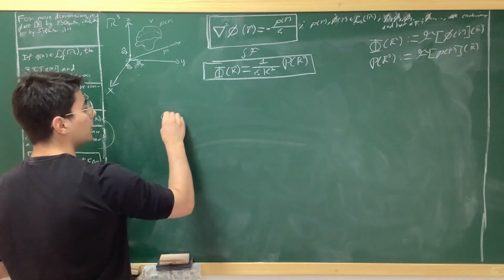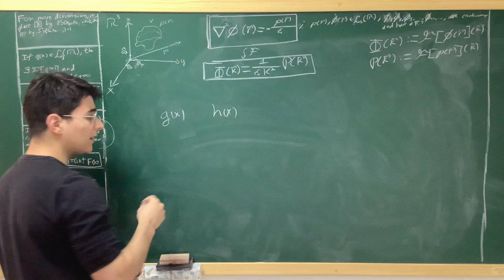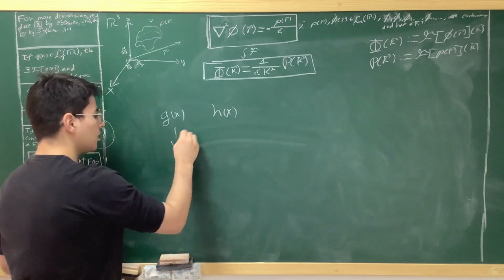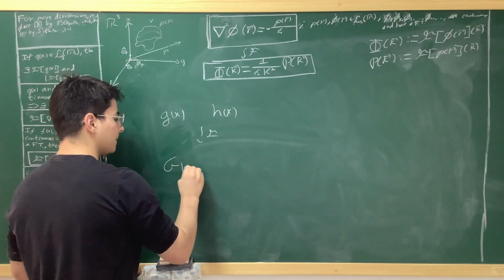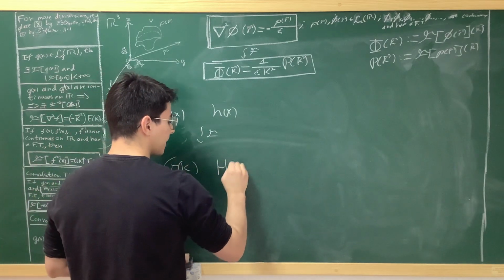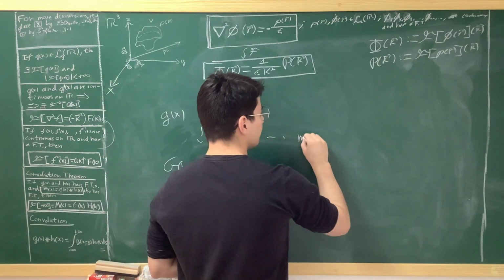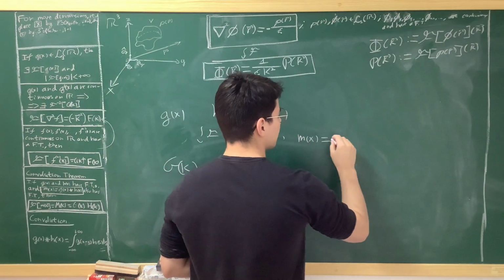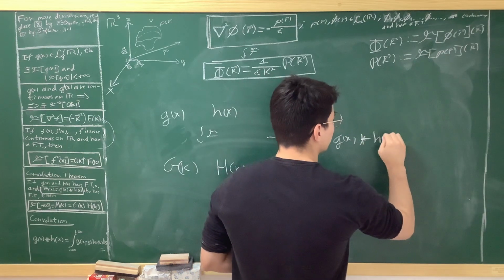So if I have g of x and h of x, and they have Fourier transforms, let me just say I take the Fourier transform of both of them. Then the convolution between them, which I'm going to call m of x, is the convolution.